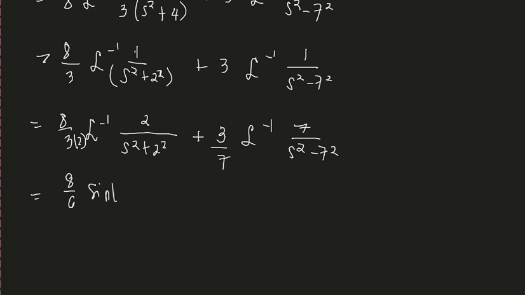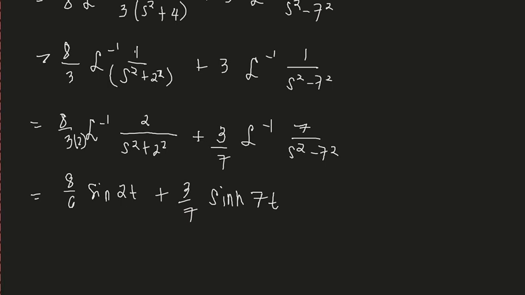Then ang ato nga A nga value, so A nato nga value is 2, so this is equal to 2t plus, so ato nga constant is 3 all over 7, and we have, so minus, so this is equal to hyperbolic sine of your A, which is 7, and we have t. So this automatically be aton nga final answer.